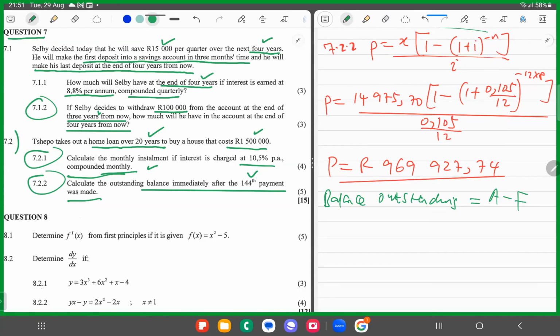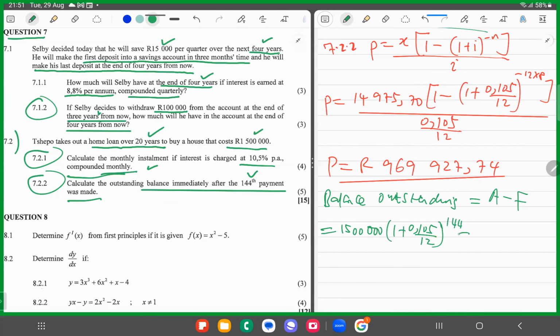What is A? A is going to be the final amount. If this is 1.5 million, 1 plus 0.105 divided by 12, and then you have 144.